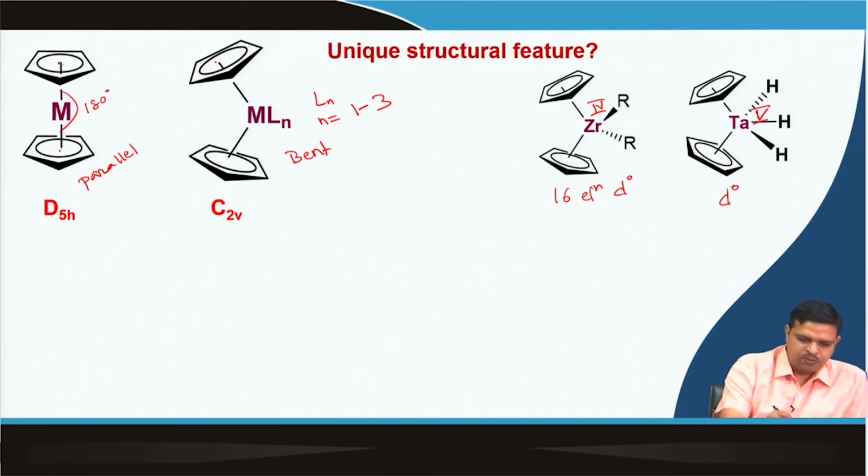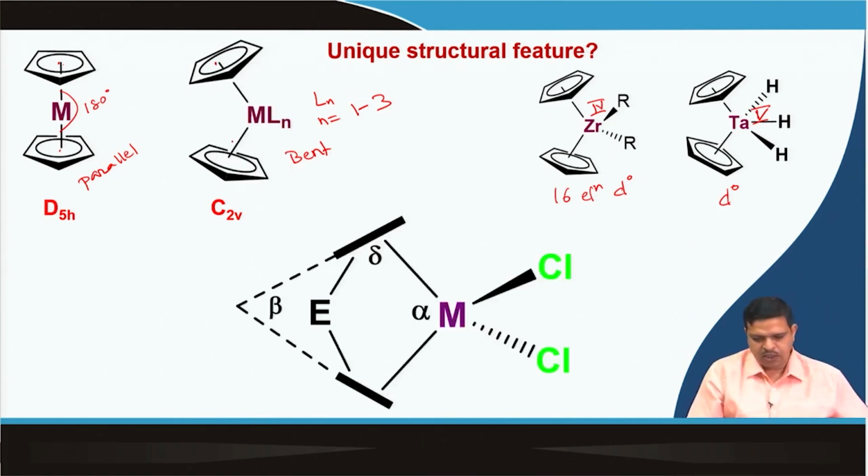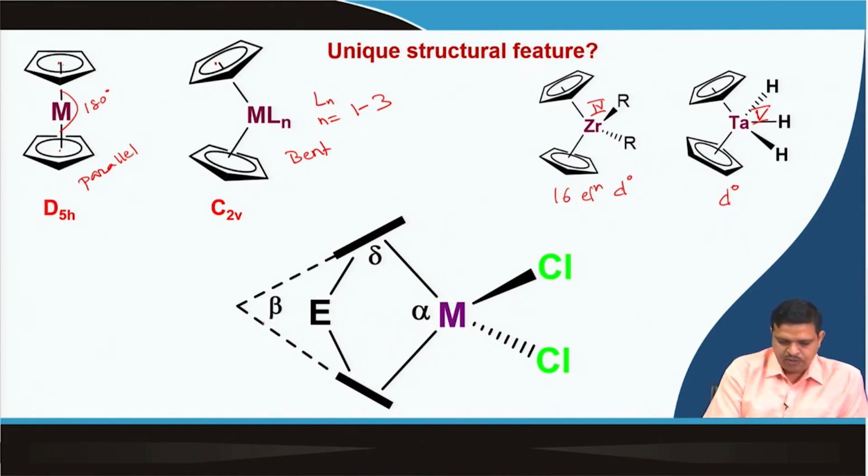But this one, if we take the centroid, this is not 180 degrees. So, there are some structural parameters associated with the bent metallocene which are interesting and which we use to quantify how much it is bent. The main angle of interest is this beta.